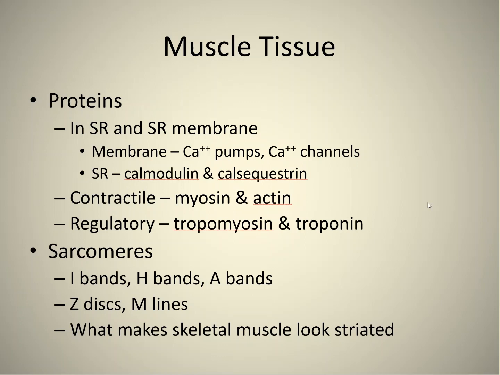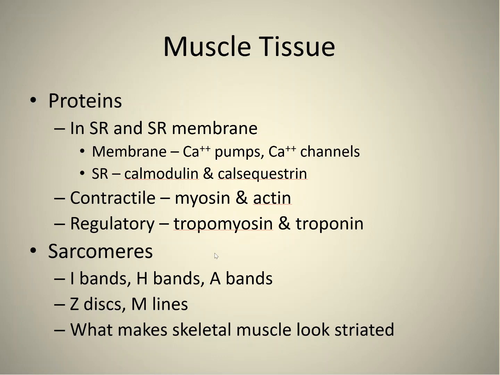Then we have two types of proteins in the myofilaments: contractile proteins, myosin and actin, which actually cause the contraction in the muscle. And then we have regulatory proteins called tropomyosin and troponin that control the contraction.